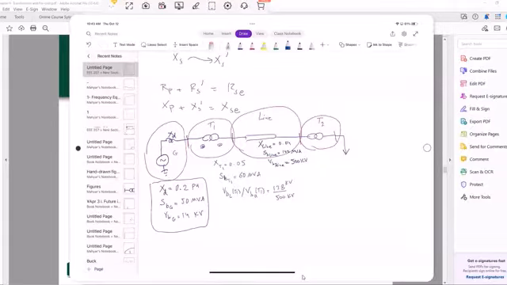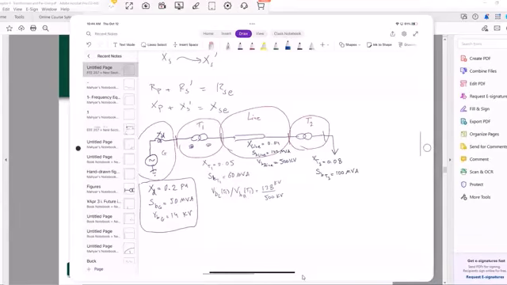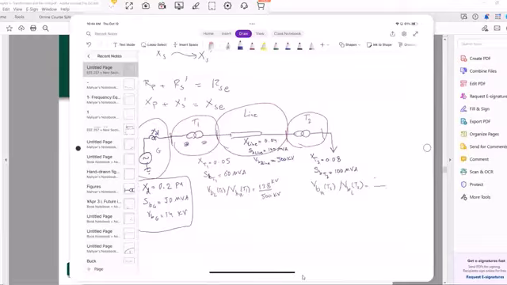Its nameplate is XT2 equal to 0.08, for example, and S base of T2 is also 100 MVA, and V base of the high voltage side of T2 over V base of the low voltage side of T2 is equal to 500 over 20 kilovolts.